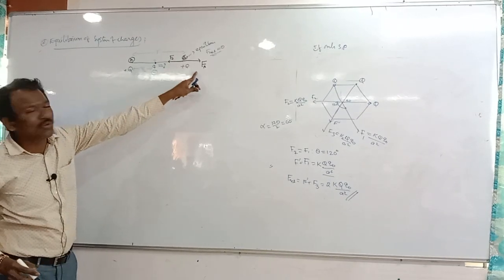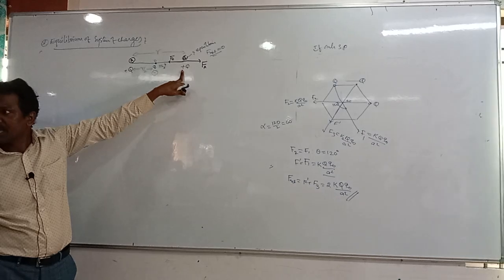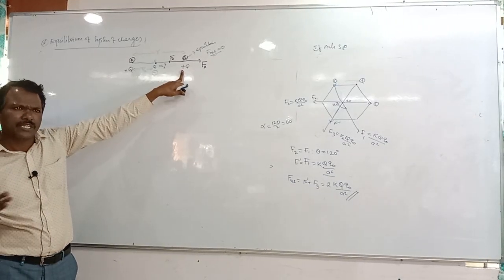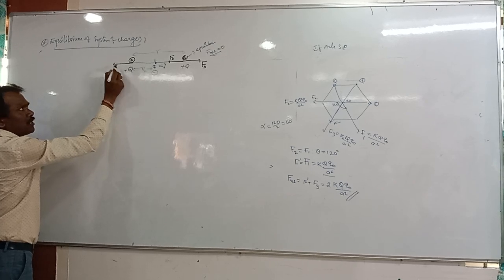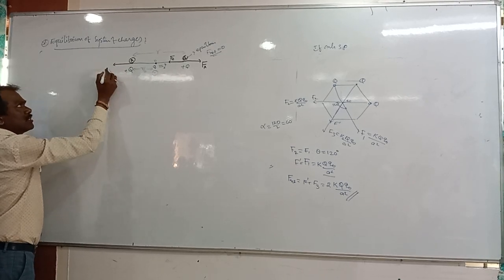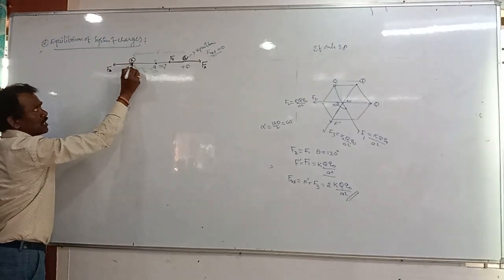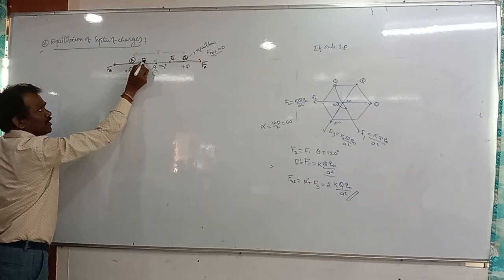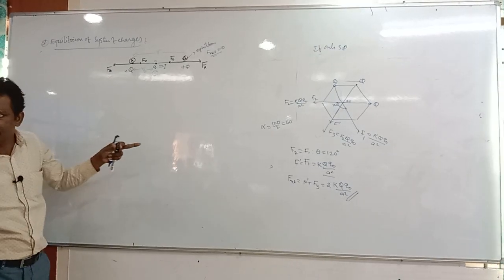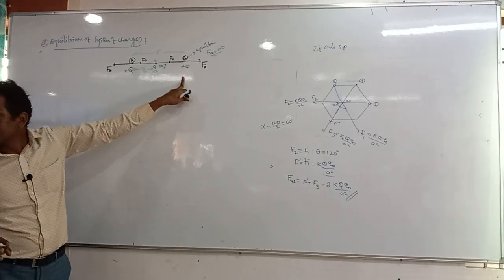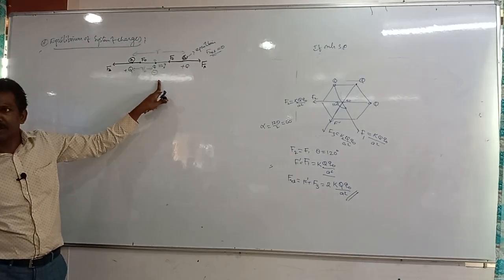If both are equal and opposite, then this Q charge is in equilibrium position. Similarly, to keep this charge in equilibrium position, due to plus Q charge, force FB will be there, and due to the negative charge, F naught will be there. Here the sum of these two forces is equal to 0, then we can say this is in equilibrium position, right?